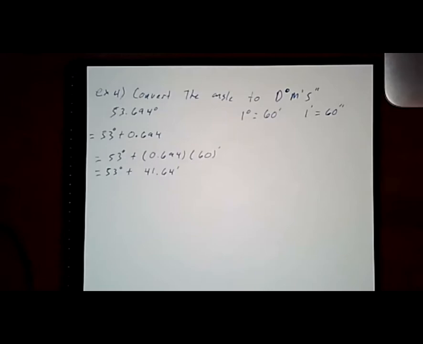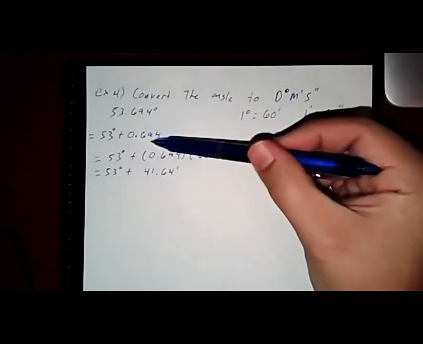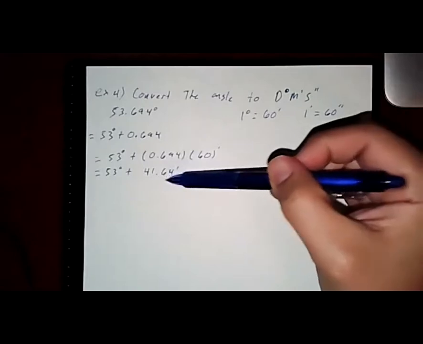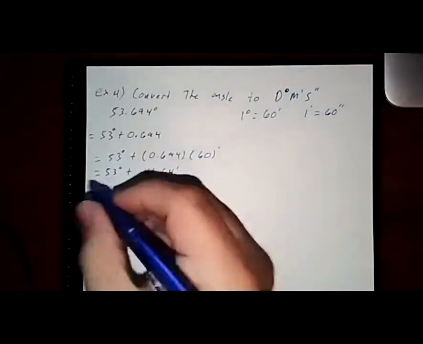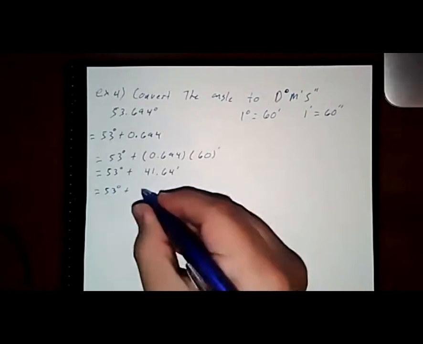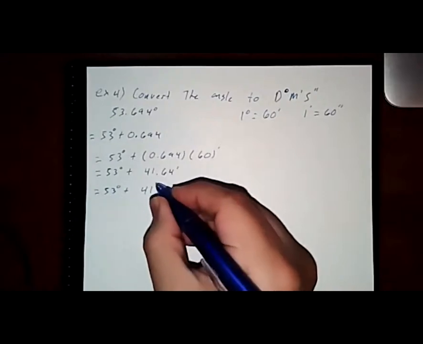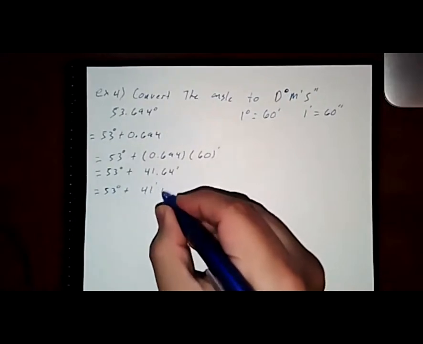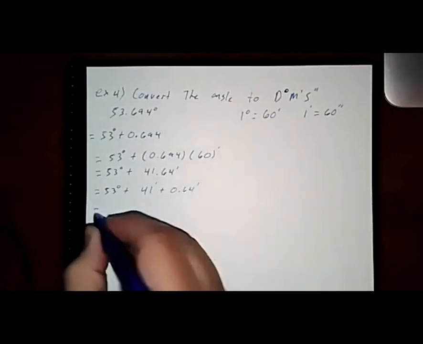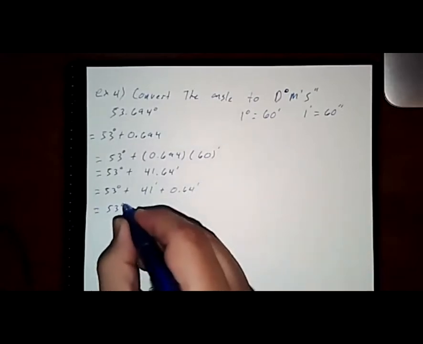Then you work on the 0.64 and change that to seconds. See what we're doing, right? We work with a degree decimal, change it to minutes, and then change this decimal to seconds. So here we go: 53 degrees plus 41 minutes plus 0.64 minutes. I'm separating that piece off.